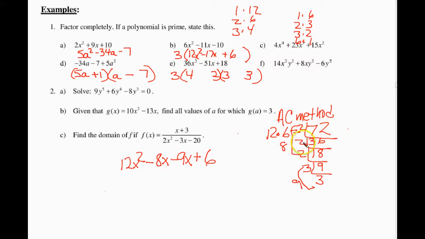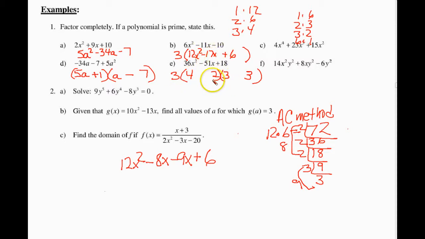And then I got my prime factorization. And then out of it, 2 times 2 times 2 is 8. And 3 times 3 is 9. And 9 times 8 is 72. And if you notice, if you add 8 and 9 up, you get 17. So that's what we're looking for.